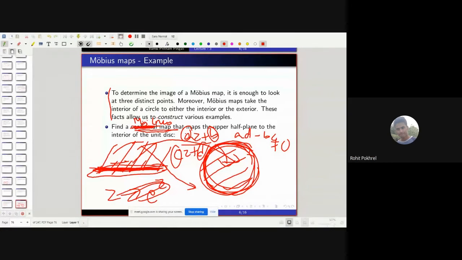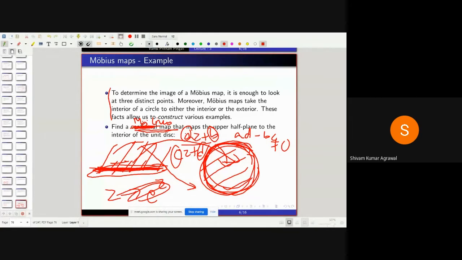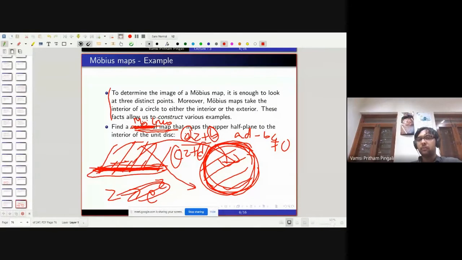Is the question clear? Yeah. Sir, we can take 3 distinct points on the straight line and map them to 3 distinct points on the circle, sir. And there will be a unique Mobius map. Very good.